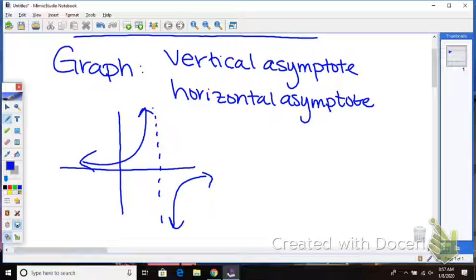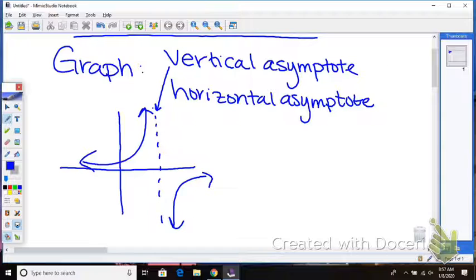This is an example of a rational function. This dotted line here is what we would call a vertical asymptote, which basically means it's where the graph gets close to but never touches. So it's kind of like a magnet that it never actually gets stuck to. It gets drawn to it, but it never touches it.